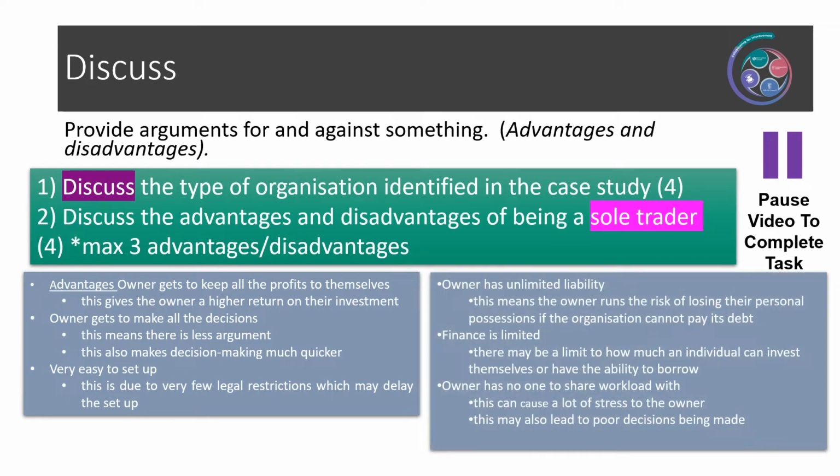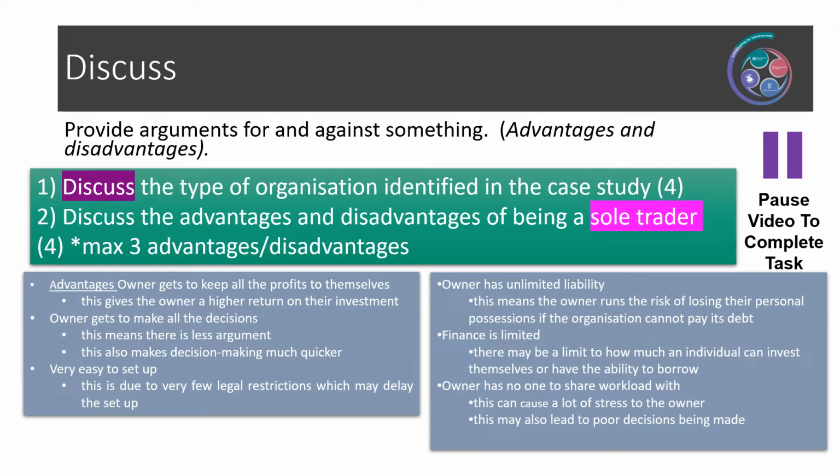Now don't forget that you have to also describe the disadvantages. Again, the owner has unlimited liability, and that's as far as you could take that if need be. But if you went on to say that the owner runs the risk of losing their personal possessions if the organisation can't pay its debts, then that would give you a further point.